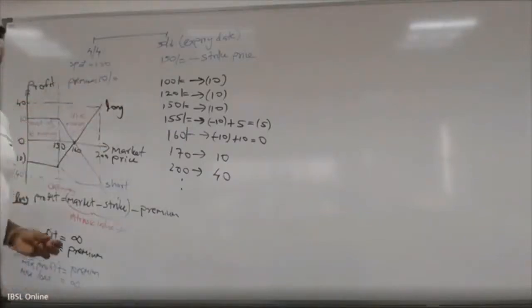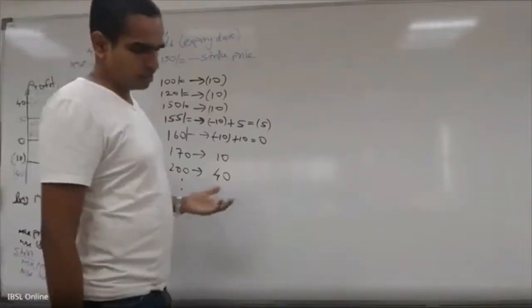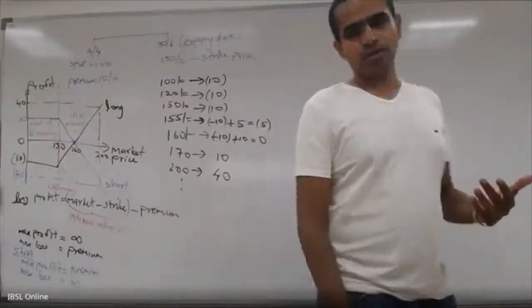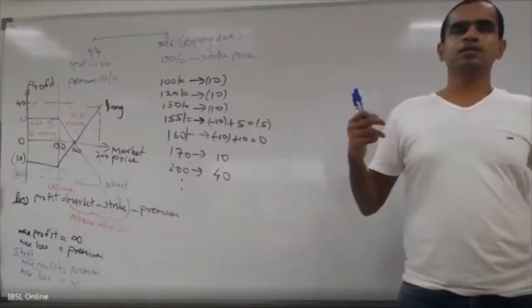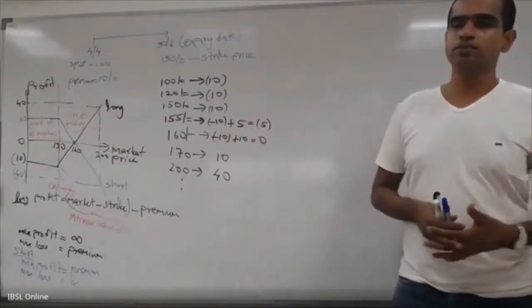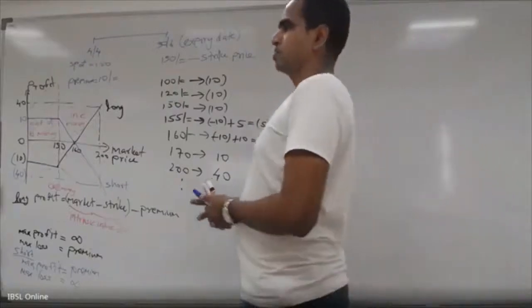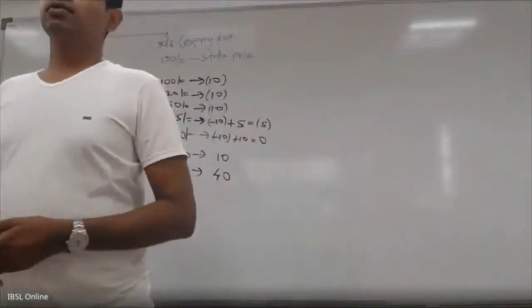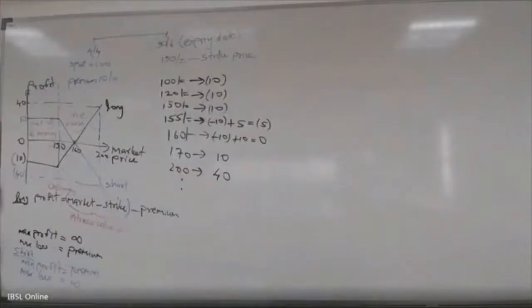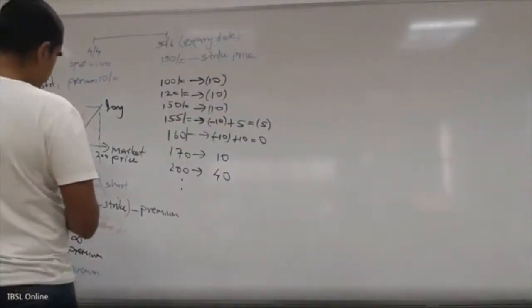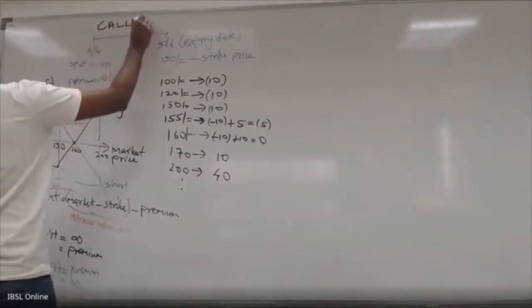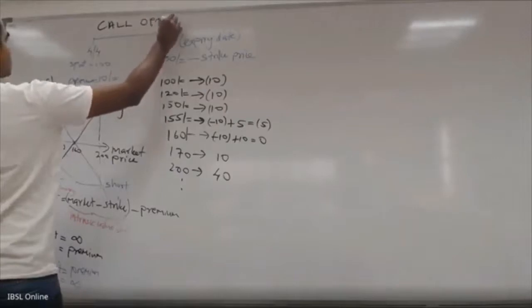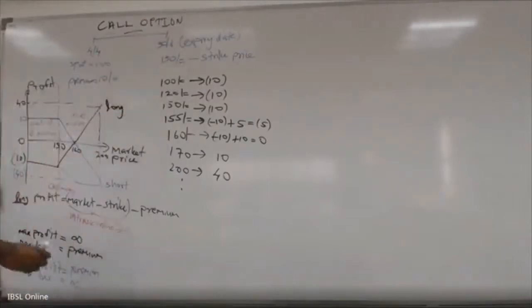A product which gives you the right, without an obligation, to buy, in this case mangoes, but in general called the underlying, is called a call option. So this entire thing is called a call option.